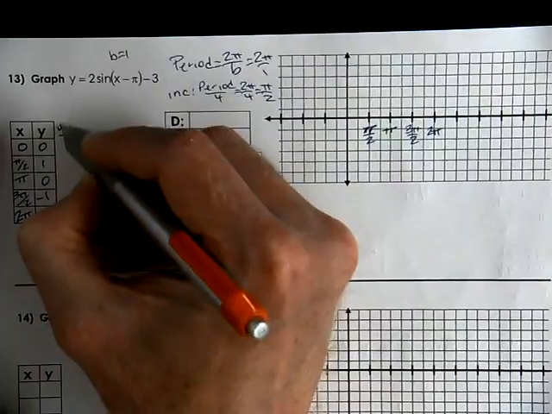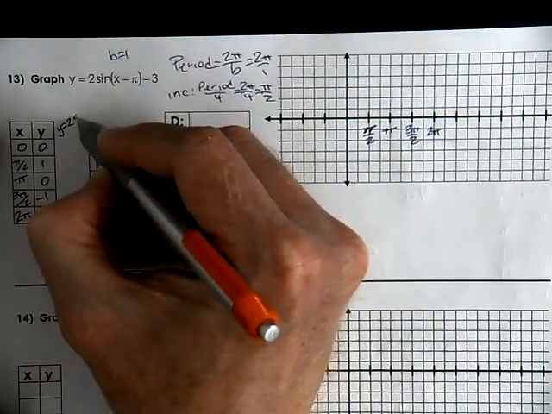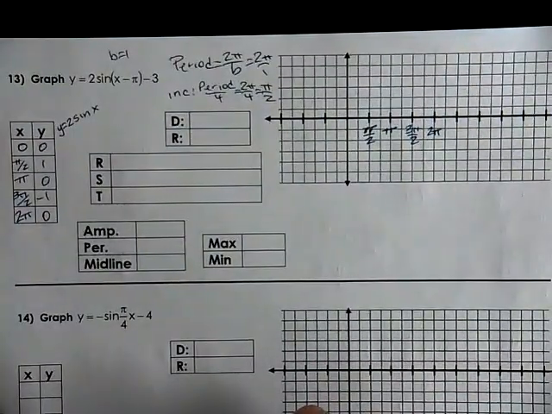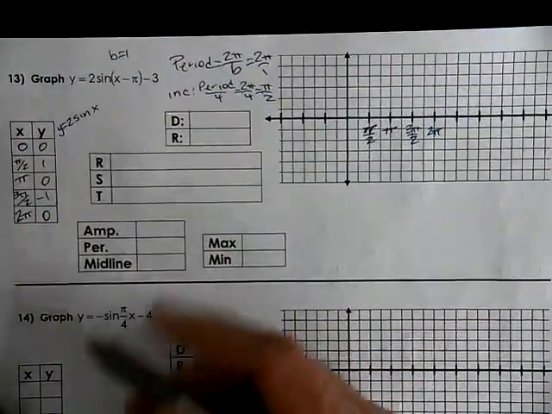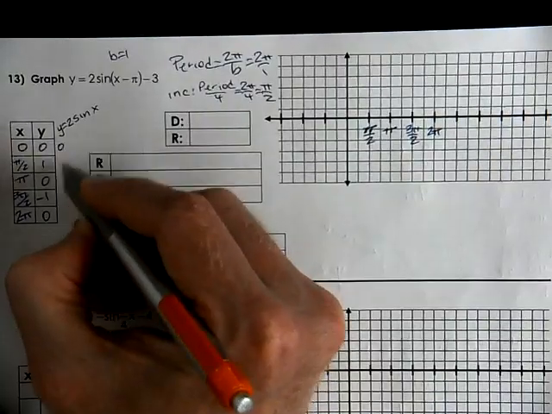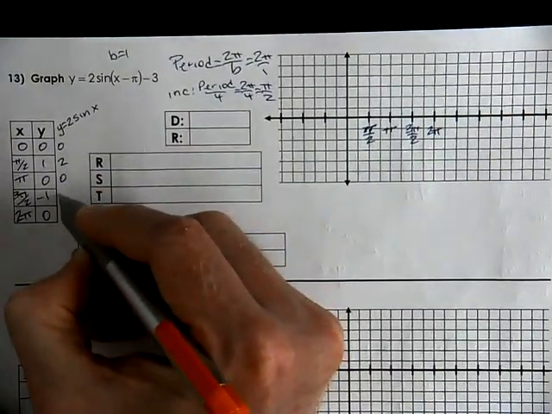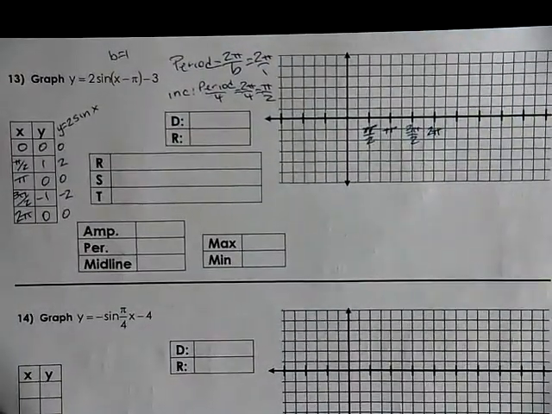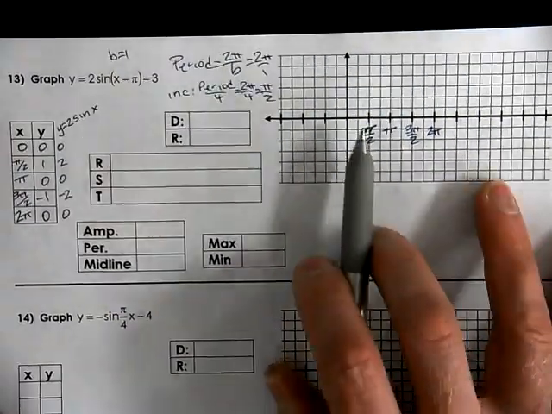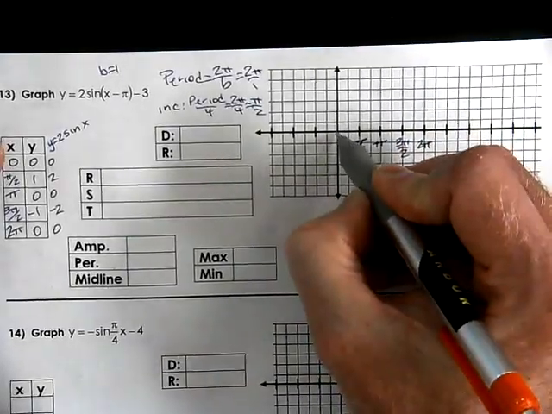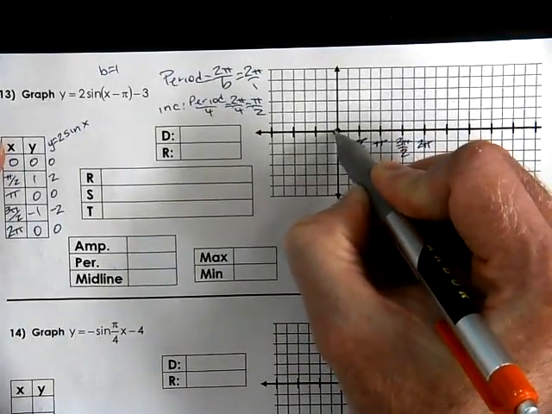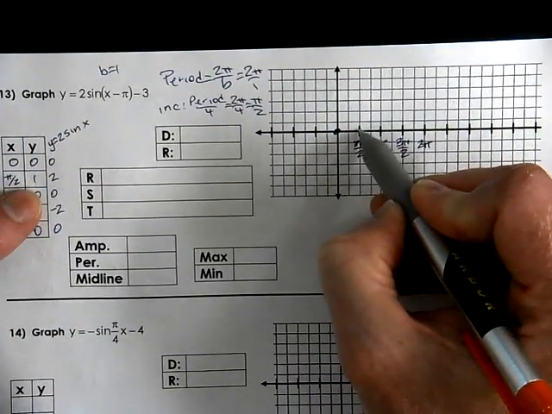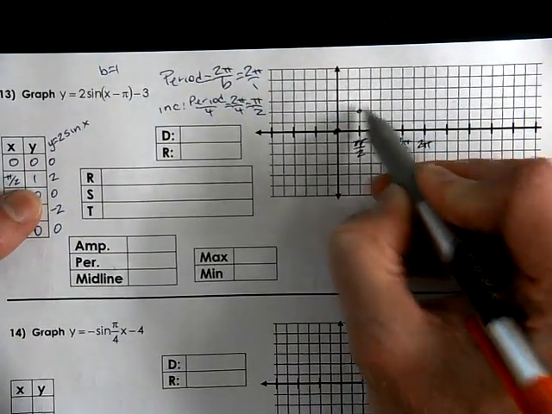If we were to do y equals 2 sine of x, without the translation, we would multiply all of these values by 2. So I can come right over here to my graph. I would be at 0, 0, pi over 2, 2.